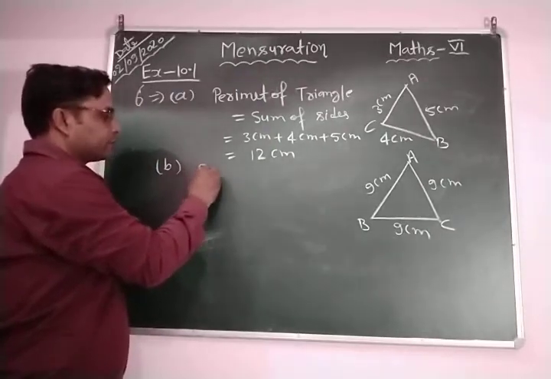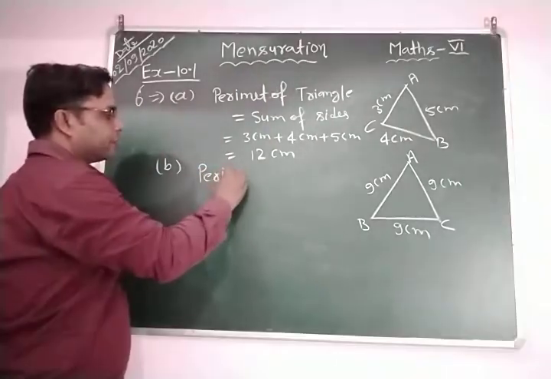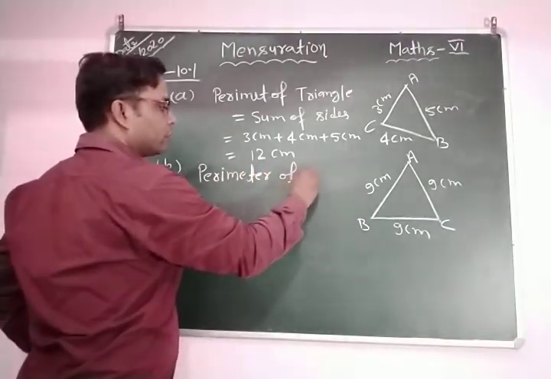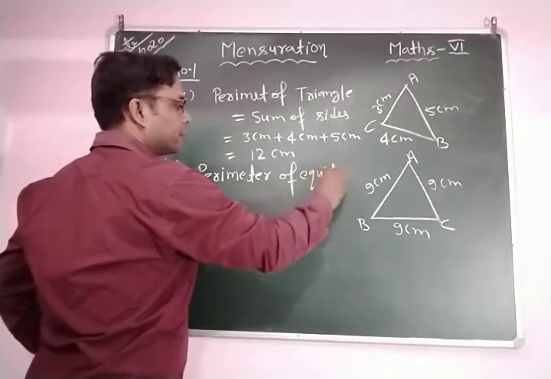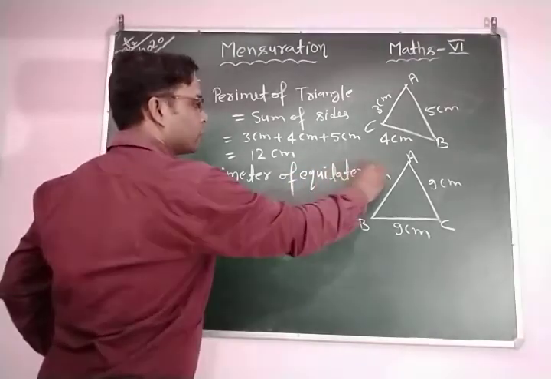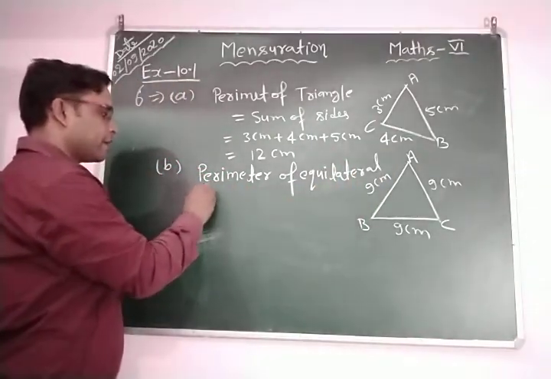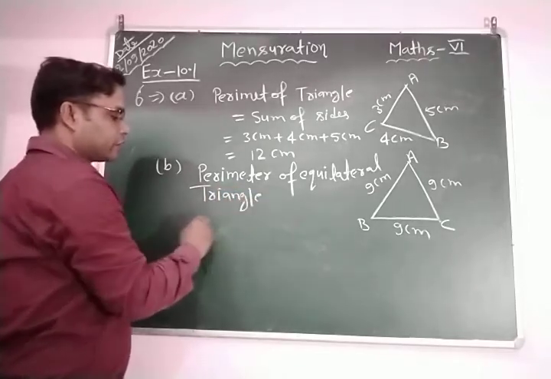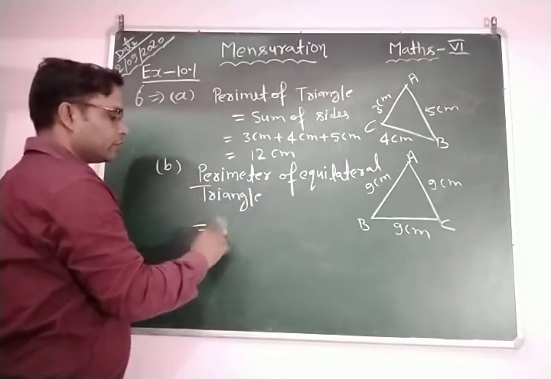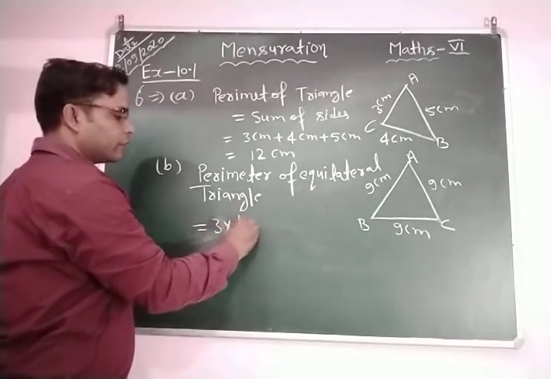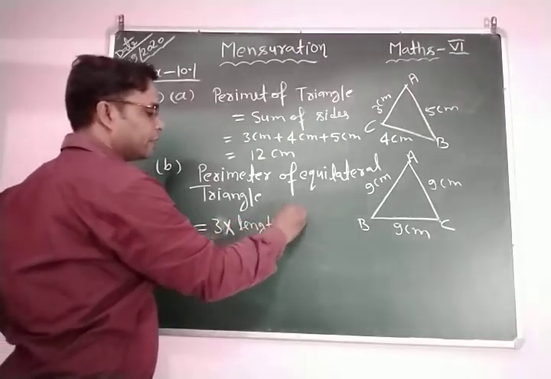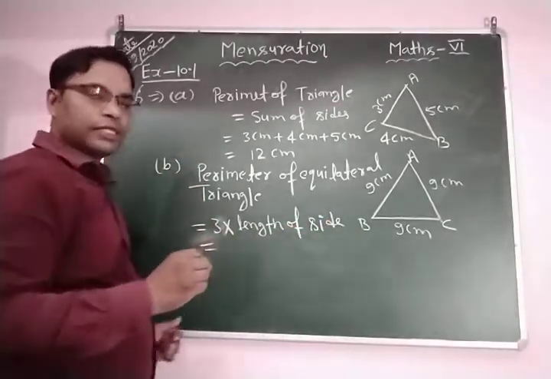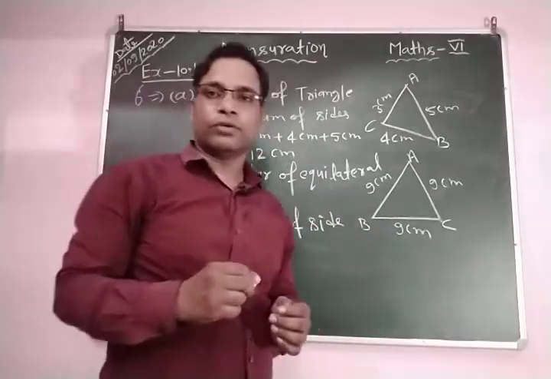So here you write: perimeter of equilateral triangle is equal to 3 into length of side. Here you can see the length of side is given as 9 centimeters in the question.